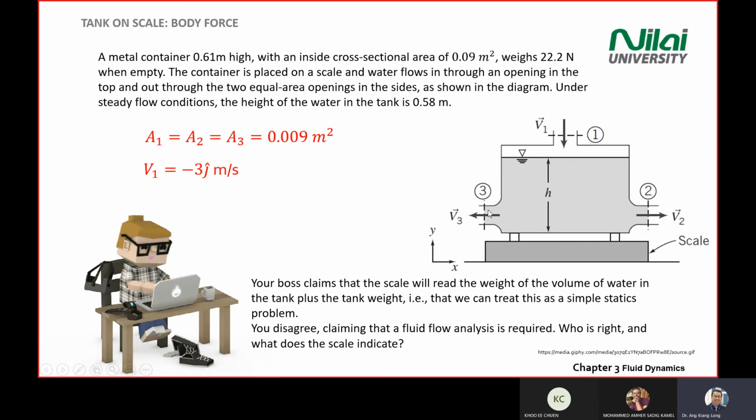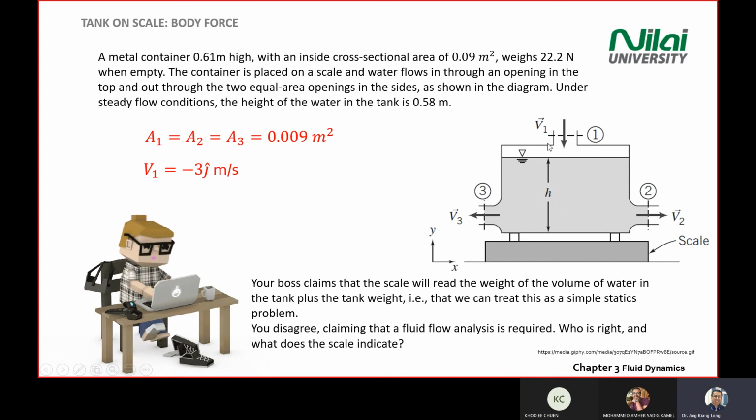Water flows through the two openings, 2 and 3. The openings are the same in this statement. Under steady flow conditions, the height of the water in the tank is 0.58. So when the flow is steady at all the openings, the water inside the tank is 0.58.